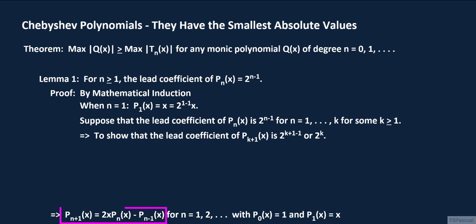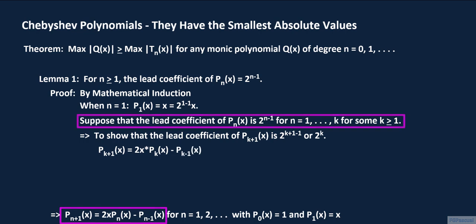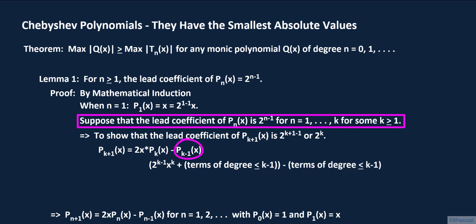We apply the recursion. p_(k+1)(x) equals 2x times p_k(x) minus p_(k-1)(x). By our supposition, p_k(x) is 2 raised to the k minus 1 power times x to the kth power, plus terms of degree less than or equal to k minus 1. p_(k-1)(x) only has terms of degree less than or equal to k minus 1.